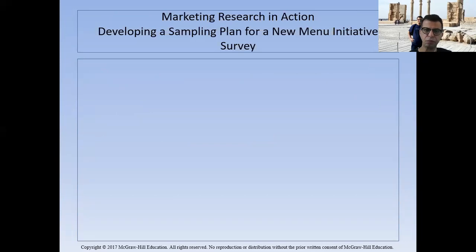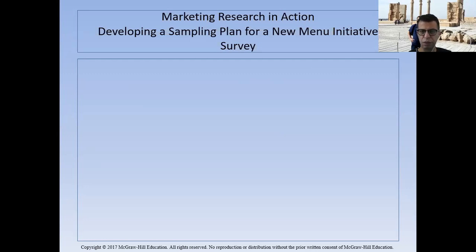Now, when you develop a sampling plan for a menu, and this is an example, we are trying to develop a sampling plan for a food menu, to see whether we can use it or not.